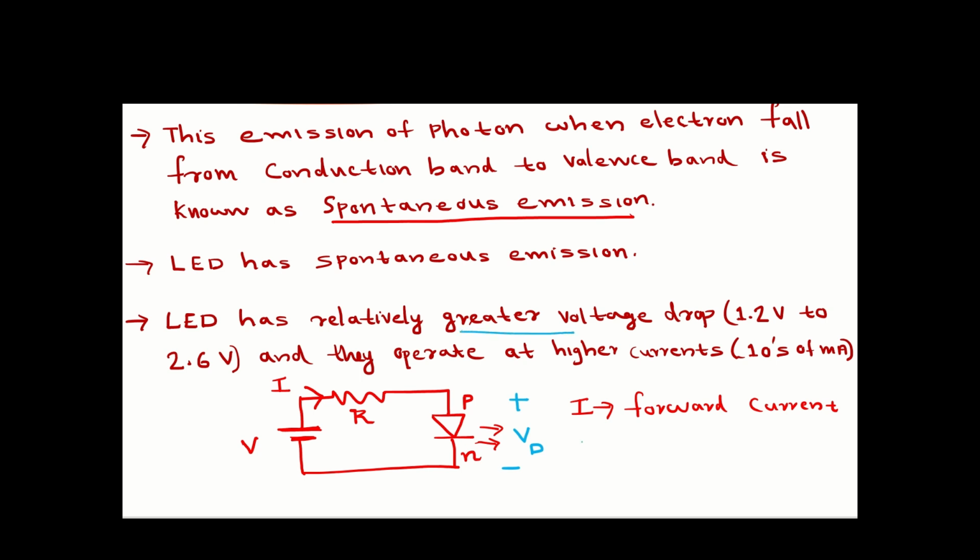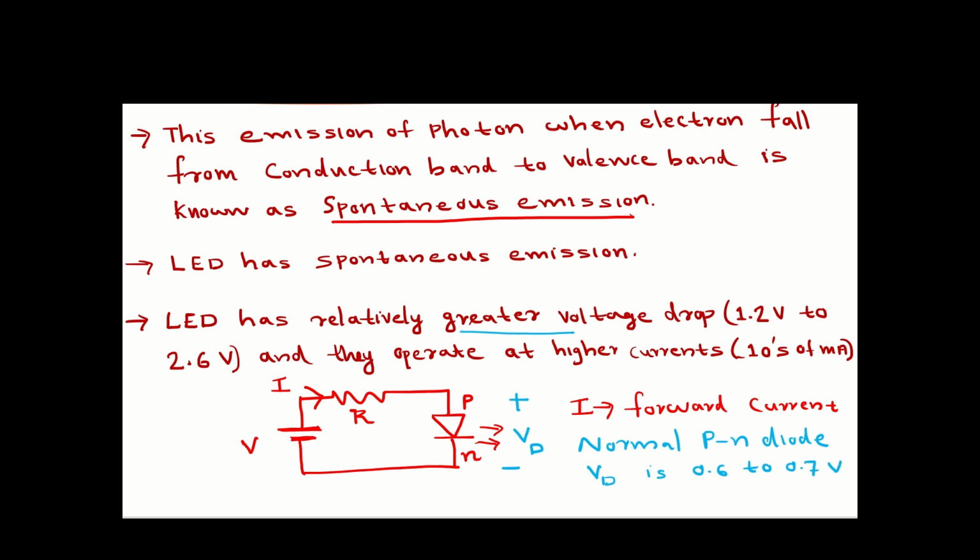Because for a normal PN junction diode, the forward voltage drop, let it be Vd, is 0.6 to 0.7 volt. That will vary depending on silicon diode or germanium diode. So for a normal PN junction diode, it is 0.6 to 0.7 volt.